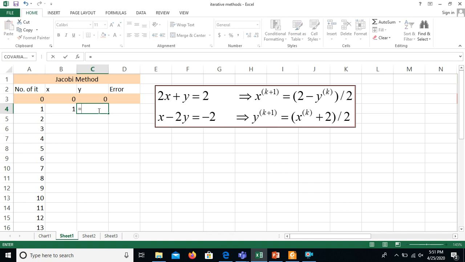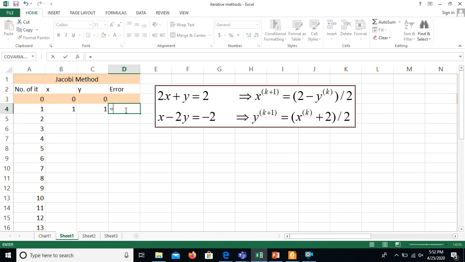So this is equal to x plus 2, where I have the old value of x at the previous iteration, plus 2, divided by 2, and that's it. And after computing the new value, we always have to compute the error.